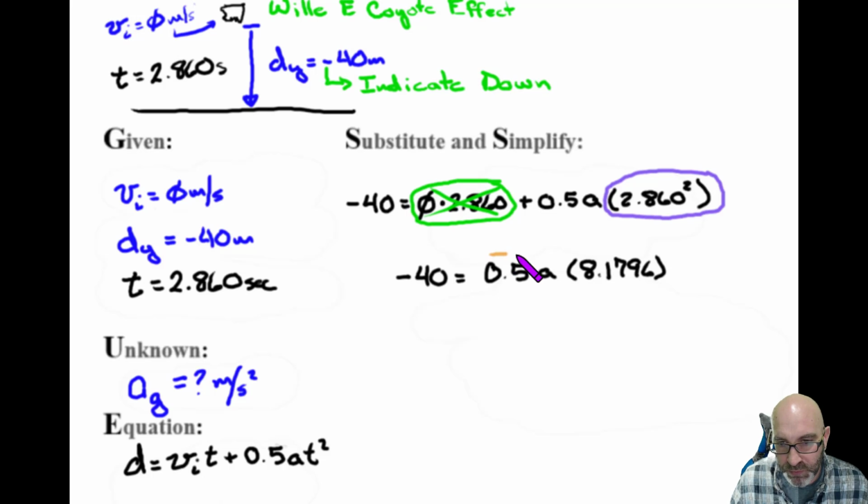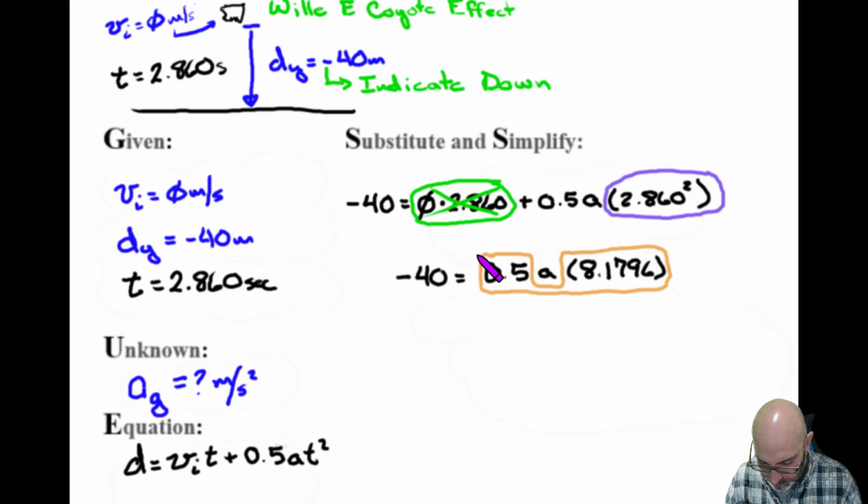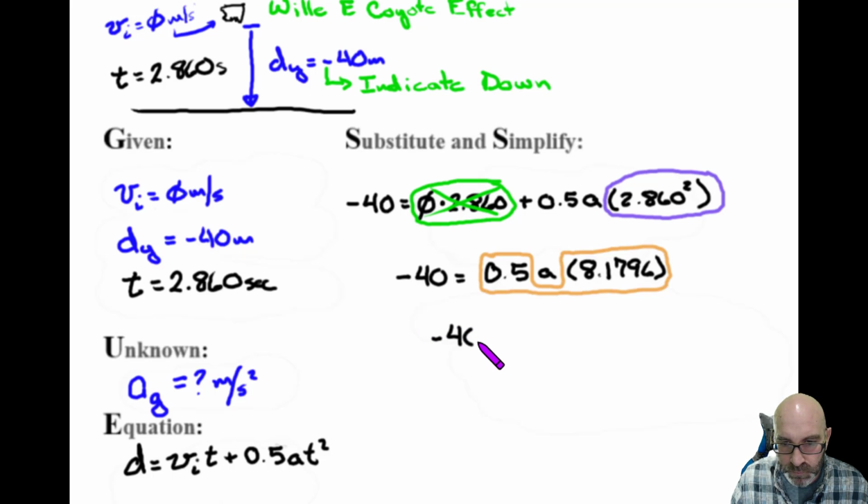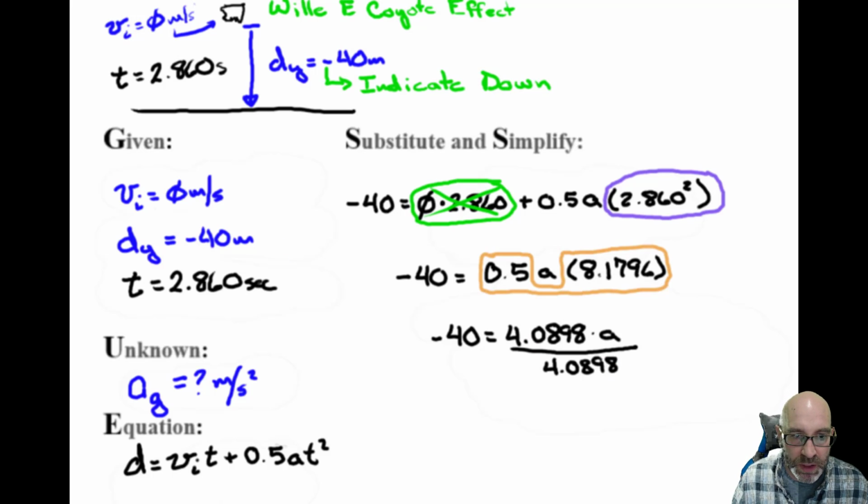Now, the next step in simplifying is I can multiply 0.5 times this number here. And I find that negative 40 equals 4.0898 times A. In order to get A all by itself on the right-hand side, I'll divide by 4.0898 so that these numbers cancel each other.